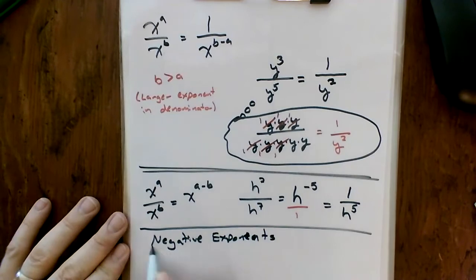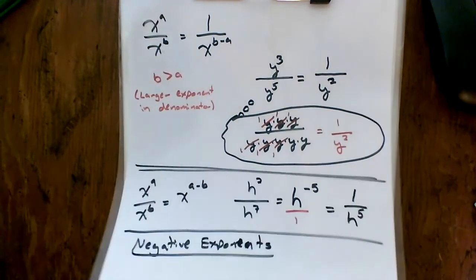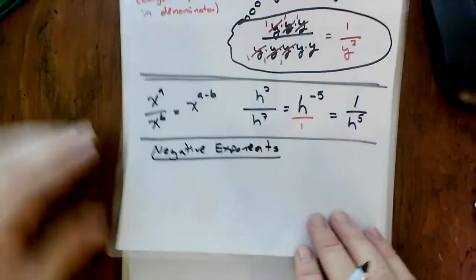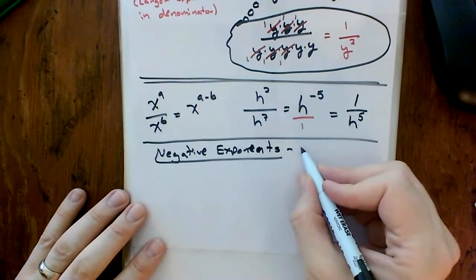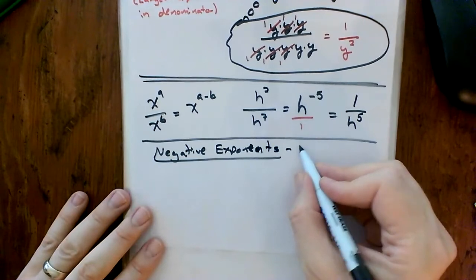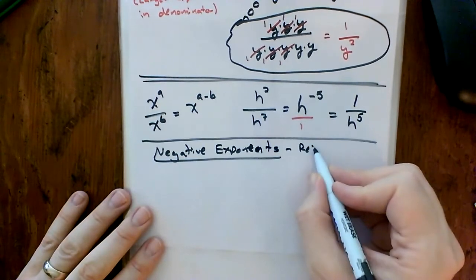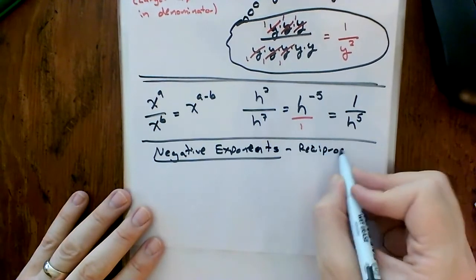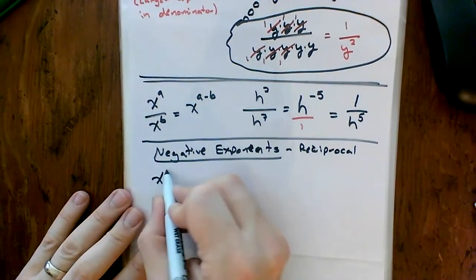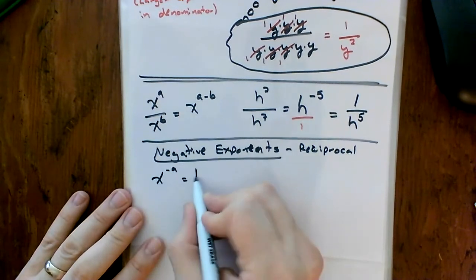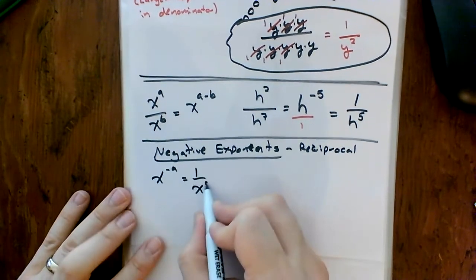negative exponents have a couple properties, and the main thing is it's going to be a reciprocal. So if I've got, say, x to the negative a, this is going to be the same thing as 1 over x to a positive a.